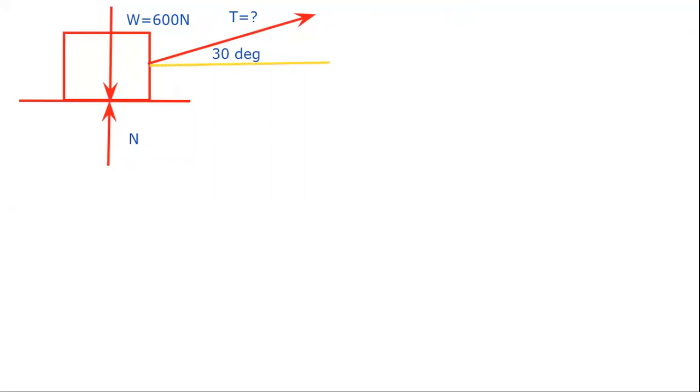Now we said that if there's a force that acts at a certain angle, then it forms two components. So what are these components? Again, one horizontal component and another which is a vertical component.